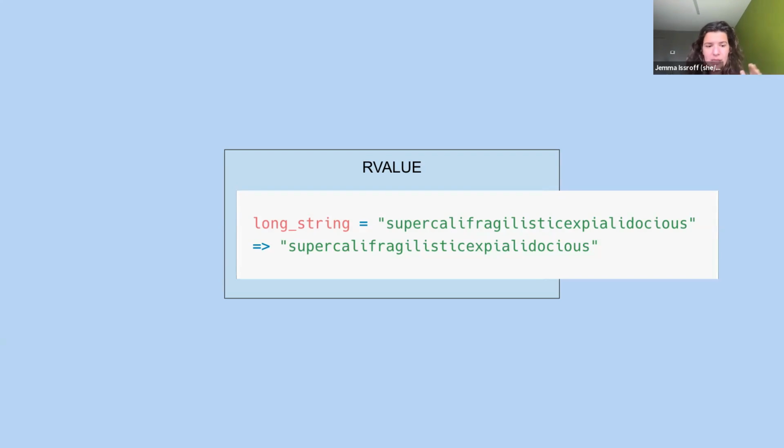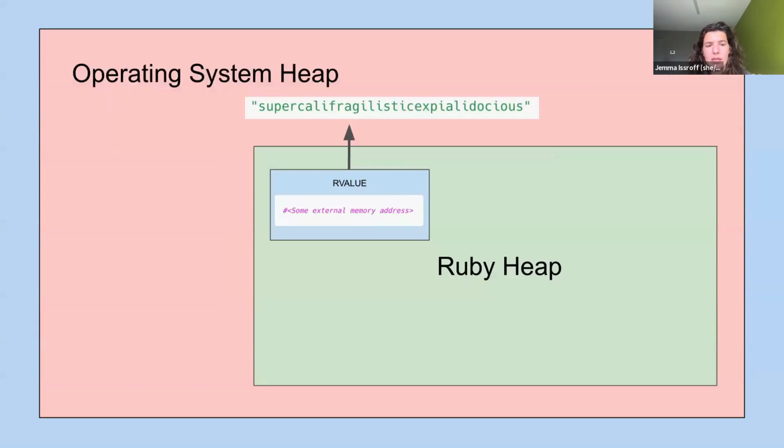This visual is meant to explain it'll overflow. Instead, what happens is, and this actually happens in the case of strings, in some cases, the R value will store some external memory address and will point outside into the operating system heap for where that value is. So this supercalifragilisticexpialidocious could live outside of the Ruby heap.